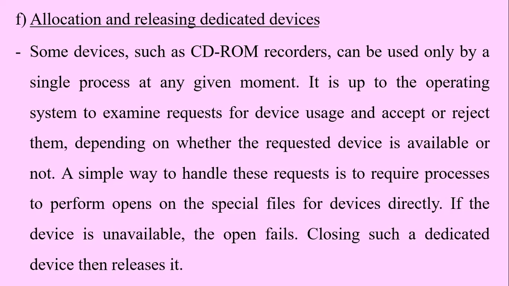A simple way to handle these requests is to require processes to perform opens on the special files for devices directly. If the device is unavailable, the open fails. Closing such a dedicated device then releases it.